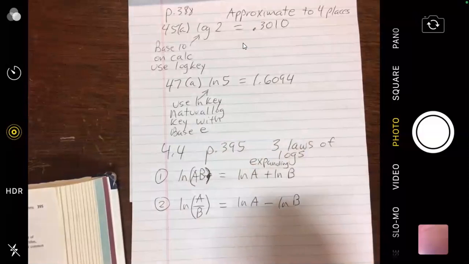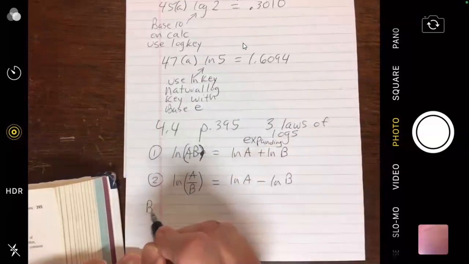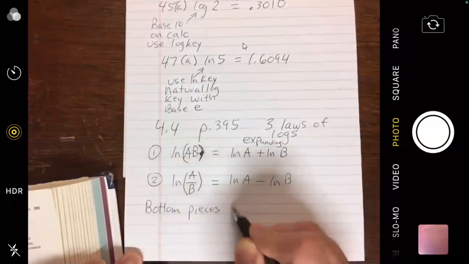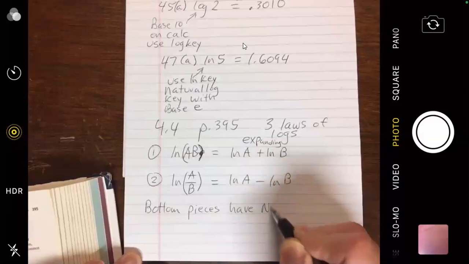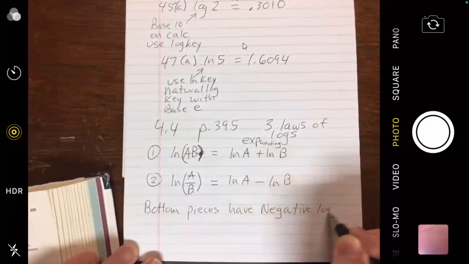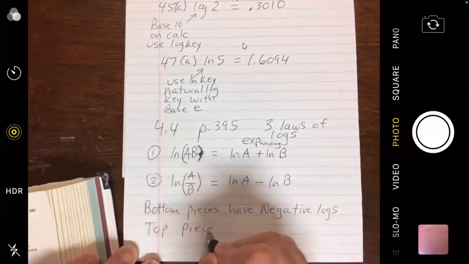And the main thing to take away from this is that bottom pieces have negative logs, top pieces have positive logs.